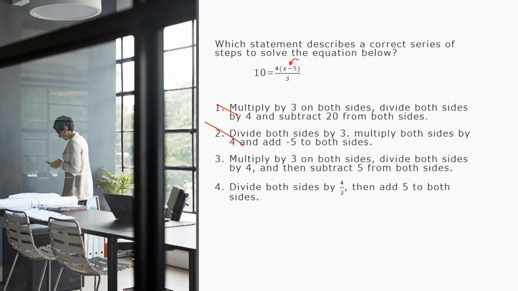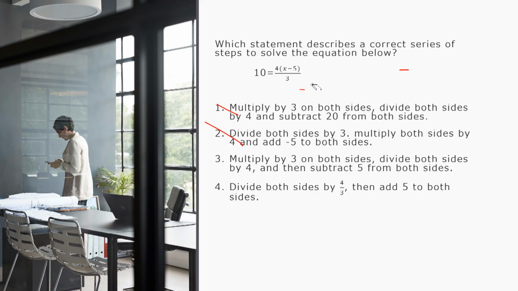Number 3 says multiply by 3 on both sides, divide both sides by 4, and then subtract 5 again. If I multiply on both sides by 3 and I get 30, I divide by 4, so I'd have 30 over 4 equals x minus 5, and then subtract, I'm still not canceling that 5 out. So obviously 3 is not my answer.